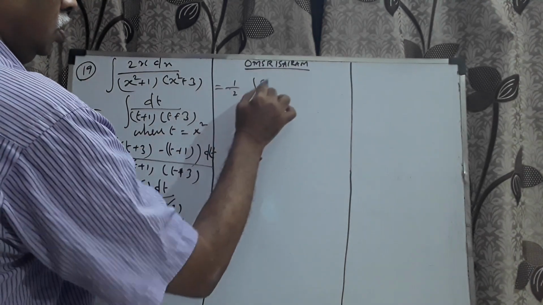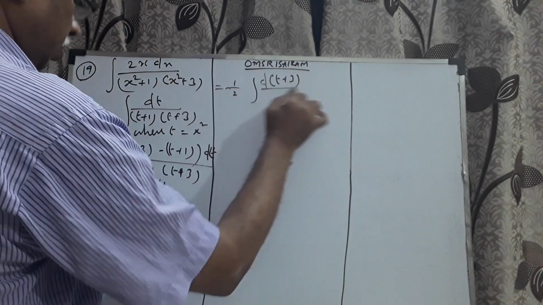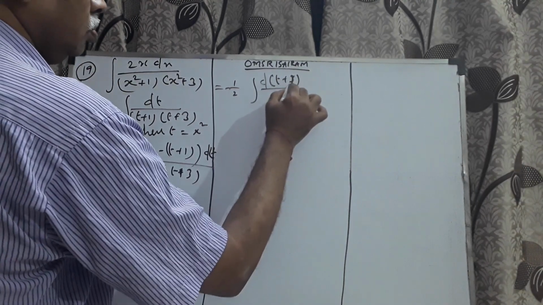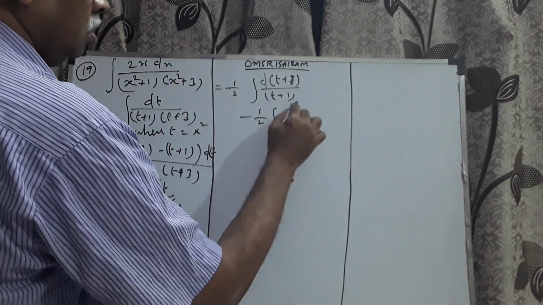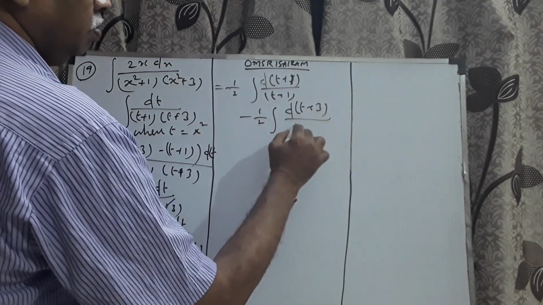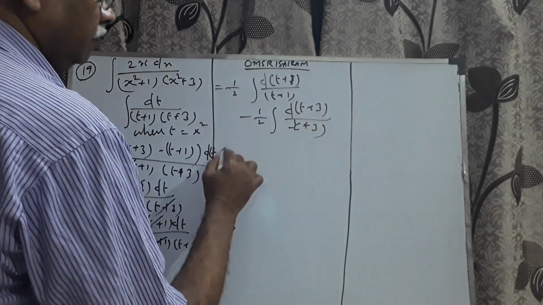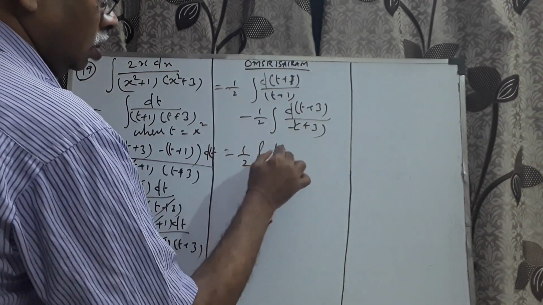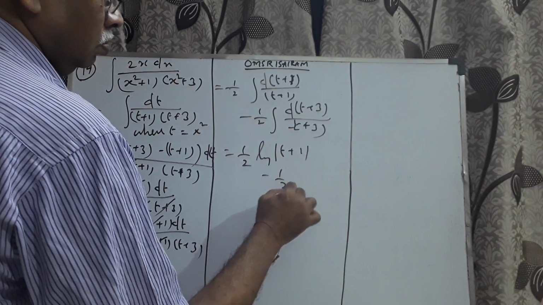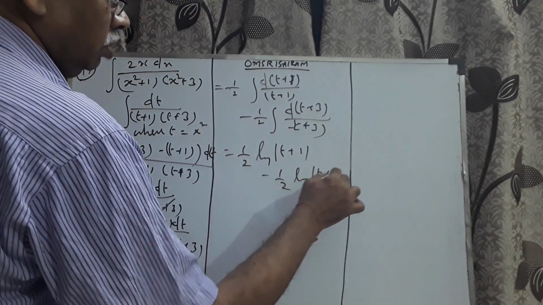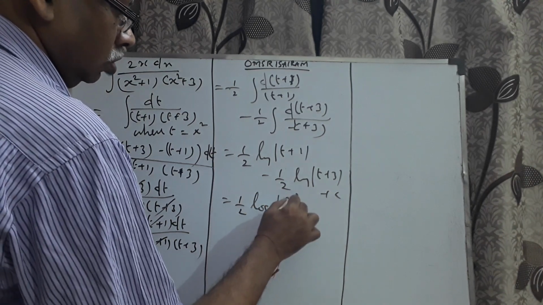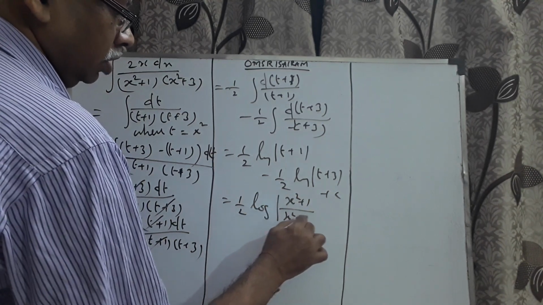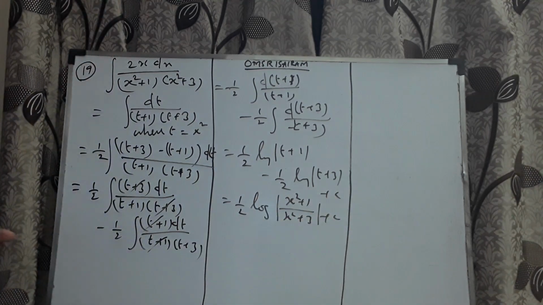Can be written as half integral d of t plus 1 by t plus 1 minus half integral d of t plus 3 by t plus 3. Therefore, this will become half log mod t plus 1 minus half log mod t plus 3 plus c, which will get reduced to half log mod x square plus 1 by x square plus 3 plus c. That will be the final answer.